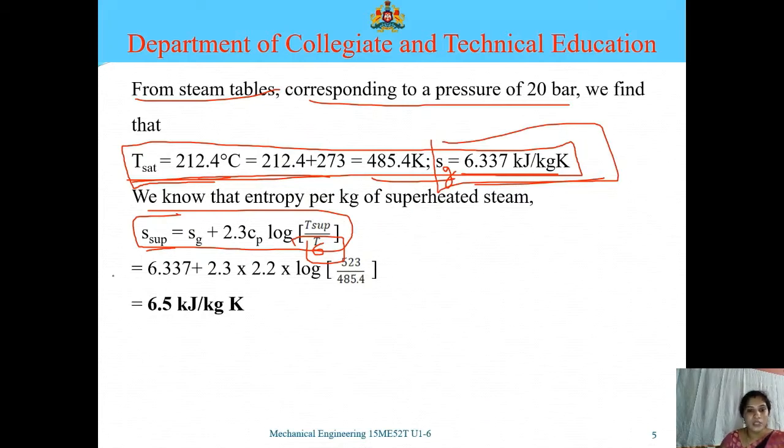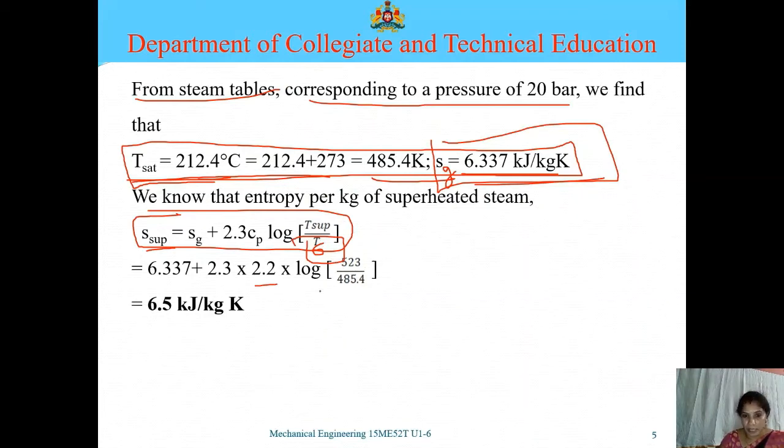Then I am going to substitute the value of Sg in the given formula. We know that S superheated is given as Sg plus 2.3 Cp log base 10 of T superheated by T saturated. For this problem, I substitute the value of Sg, then 2.3 into 2.2, the value given in the problem, then log of 523 by 485.4.